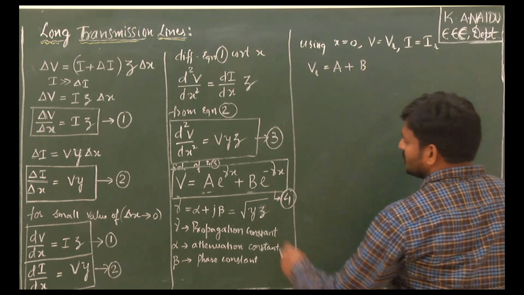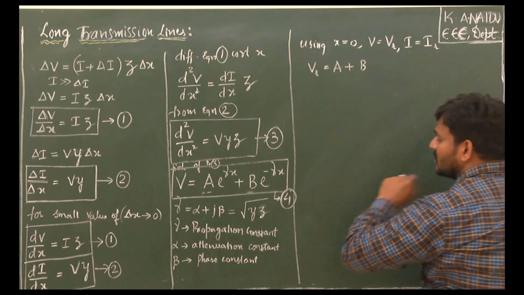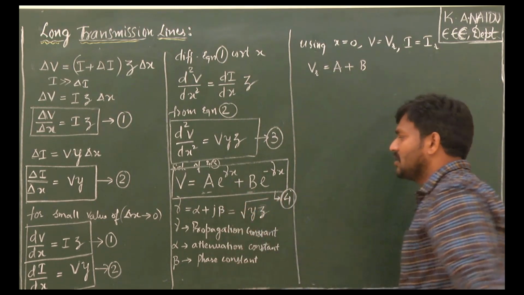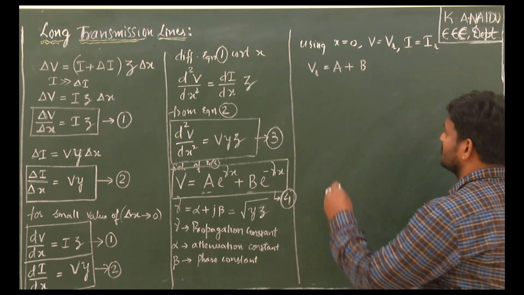Similarly, you want the value of I. For that, what you have to do is differentiate equation number 4 with respect to x.